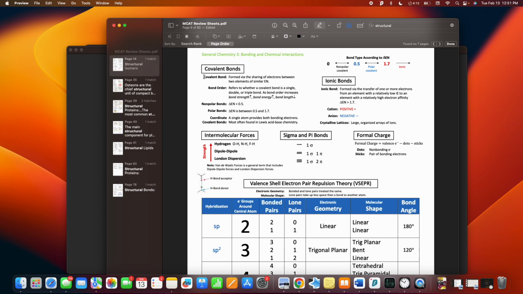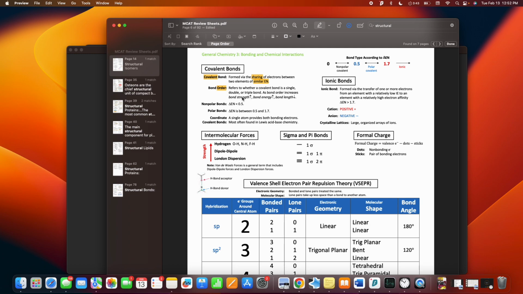It's based on the electronegativity, and when two elements have similar electronegativity, they share electrons between them. So covalence is sharing of the electron, with similar electronegativity. Bond order refers to whether a covalent bond is a single, double, or triple bond.